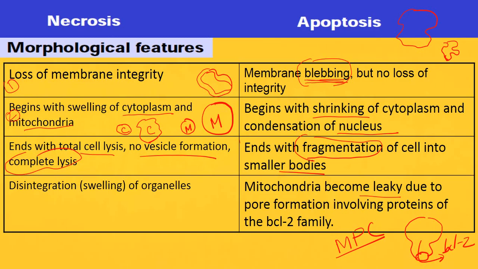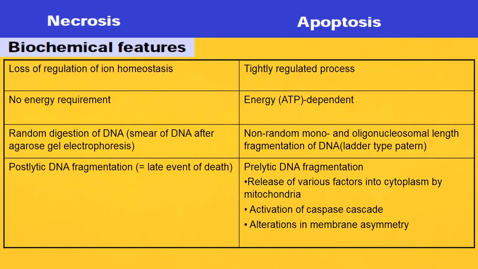Now we will study the biochemical features. The answer is divided into morphological features, biochemical features, and physiological significance. First biochemical feature: in necrosis, there is loss of regulation of ion homeostasis. Whereas in apoptosis, ion homeostasis is not affected; it is a tightly regulated process. Necrosis does not require energy, whereas apoptosis requires energy.